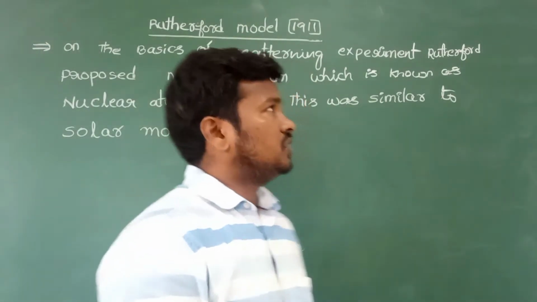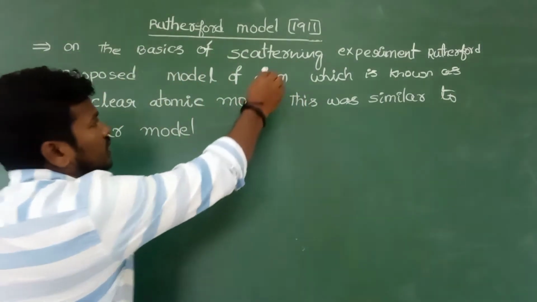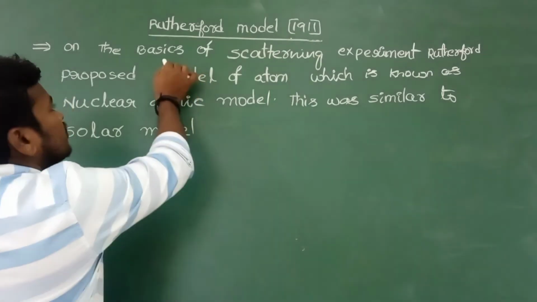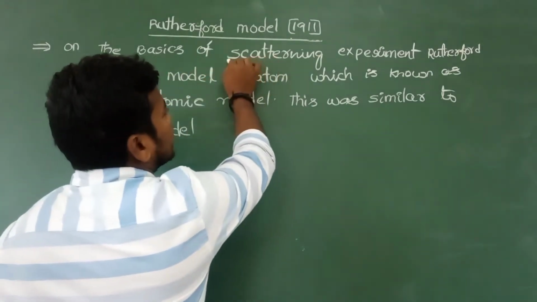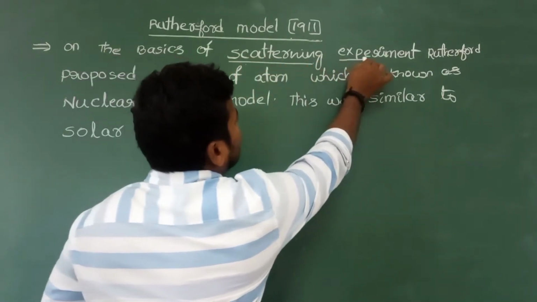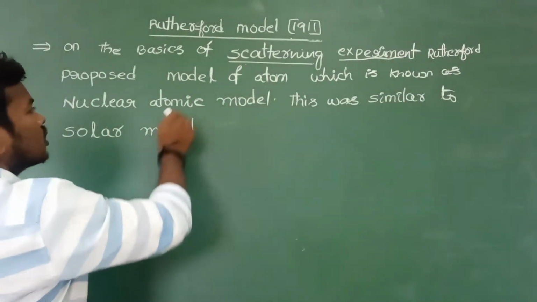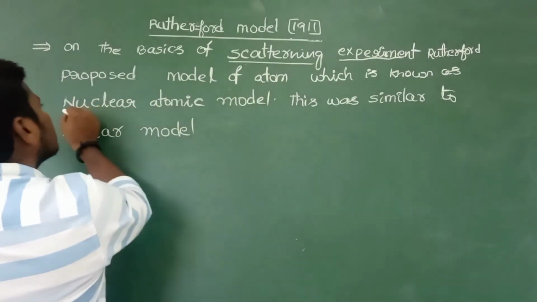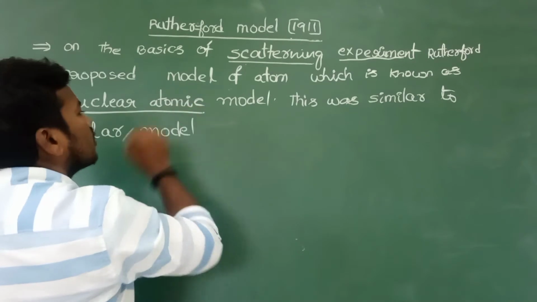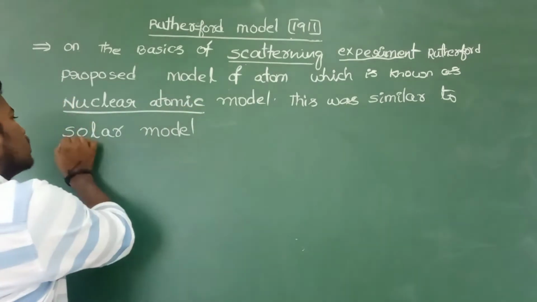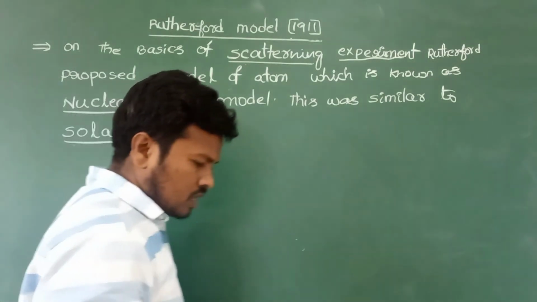First, you can see the Rutherford model, 1911. On the basis of the alpha ray scattering experiment, Rutherford proposed a model which is known as the nuclear atomic model. This was similar to the solar atomic model.